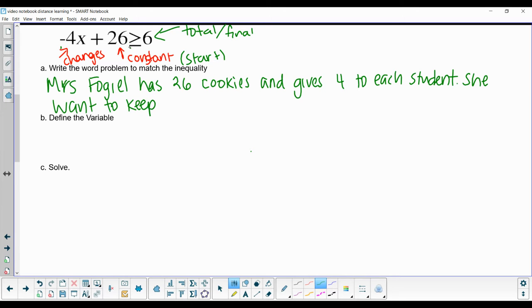And now I got to think about what this inequality symbol means. I can go back and look at my organizer and figure out I'm going to use the words at least 6 cookies. And now I want to ask the question: what was my variable?